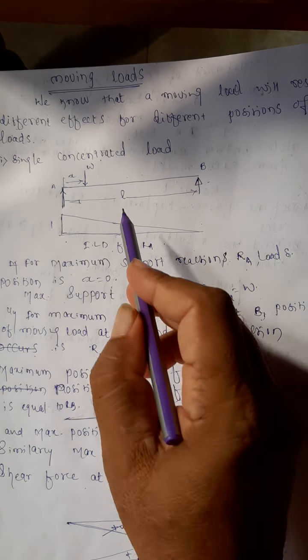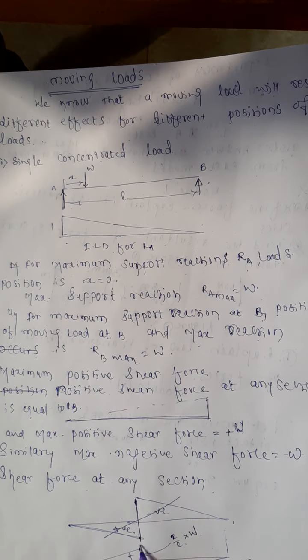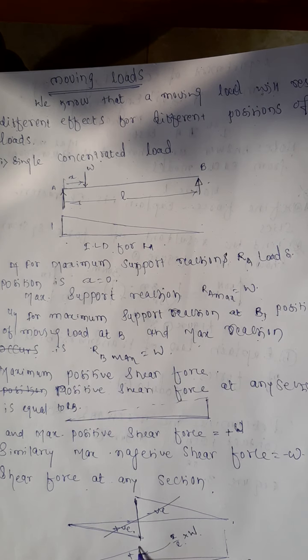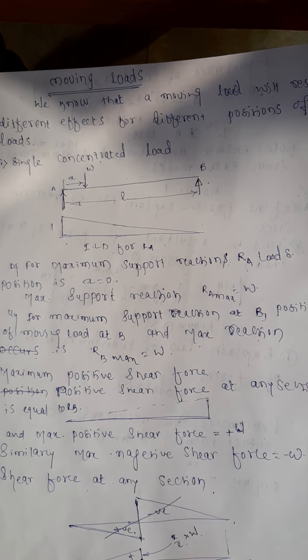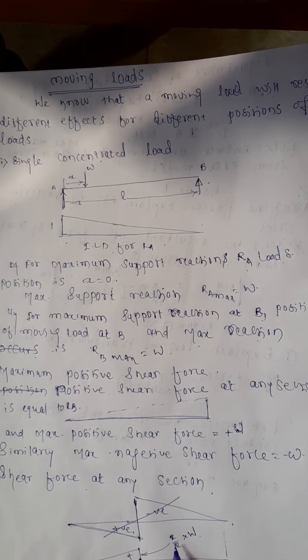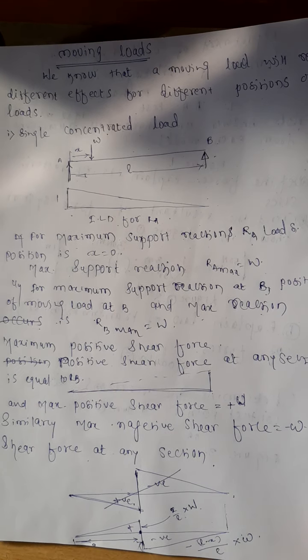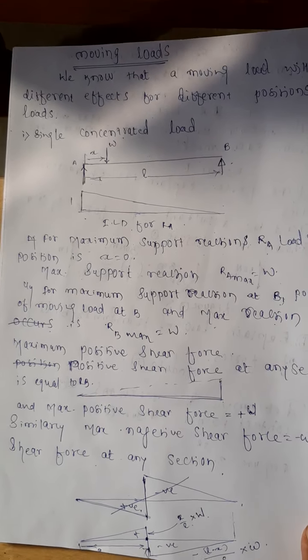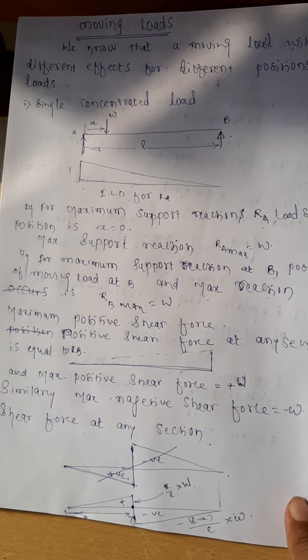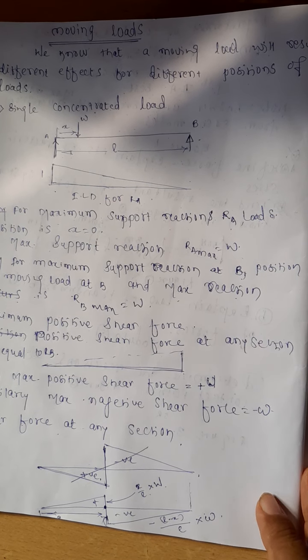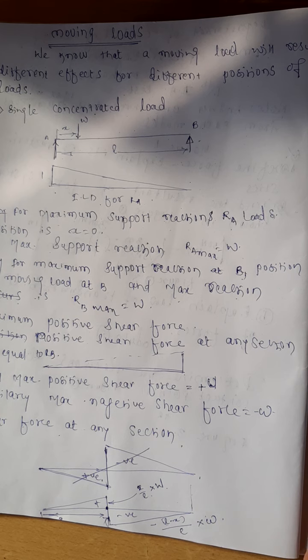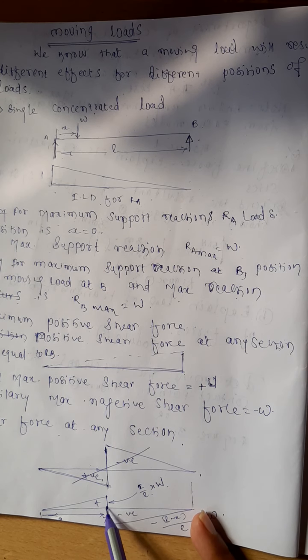Yes, when a unit load is at any location, say when the unit load is at this particular location, the shear force is given by W times the influence ordinate. You have studied the influence line diagram for the SF at any location. What is the SF at any location?